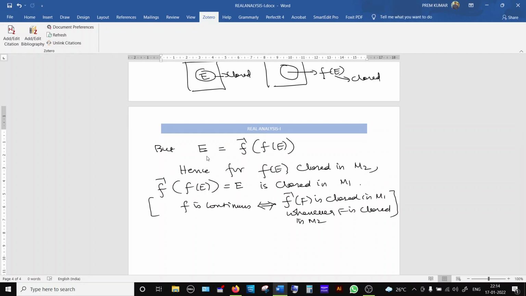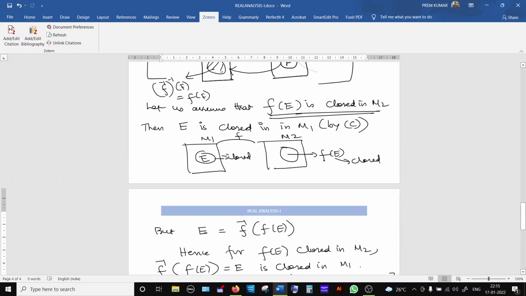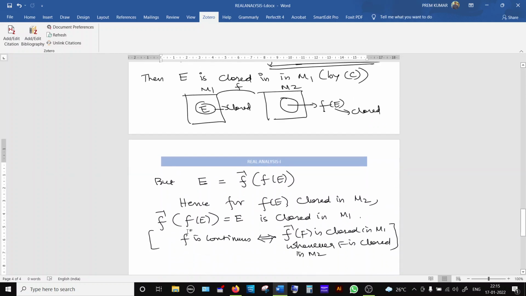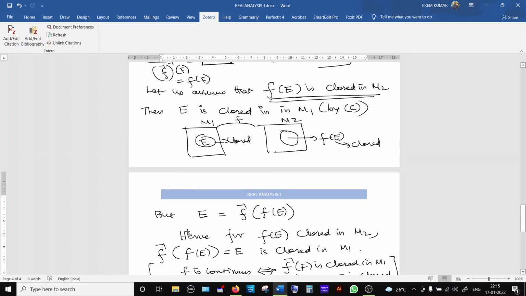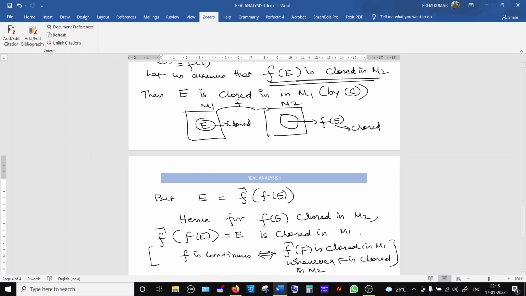Now what we have taken is that f of E is closed in M2.